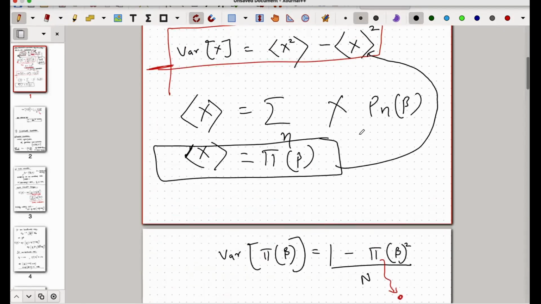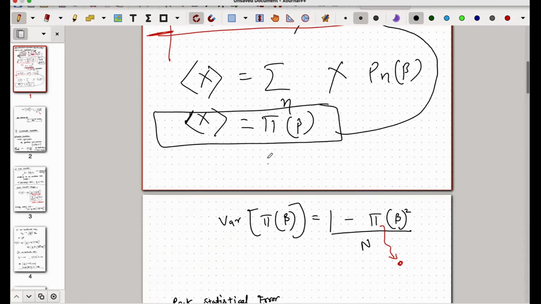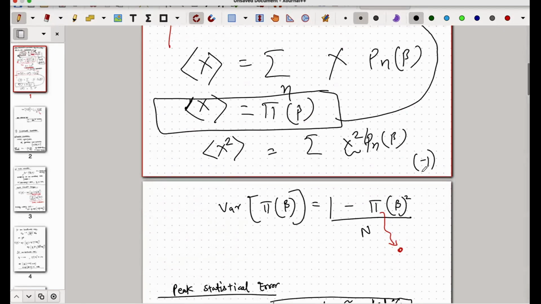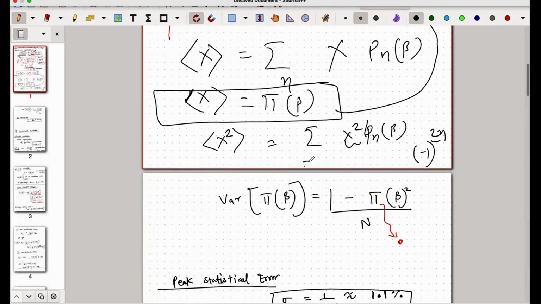I can put it here. And the second part is my X square. So X square P_n(β), that is my (1 minus 2n) squared. Now, as we can see, this is always going to be (1 minus 1) to the power 2, so it will always give us 1.